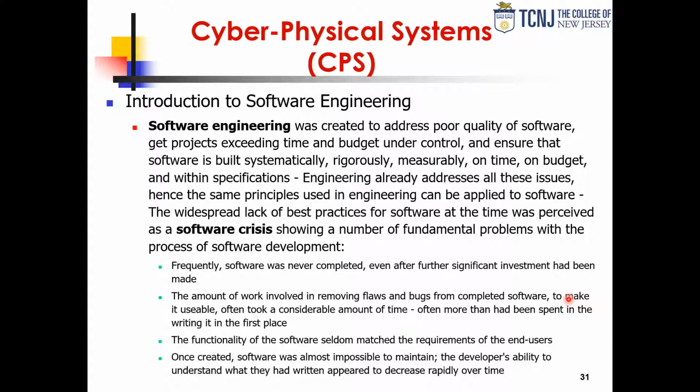Back in the day, as software became more complex, people started thinking that we have a software crisis. That manifested itself by the fact that frequently software projects were really never completed to the point that you could say that is done.